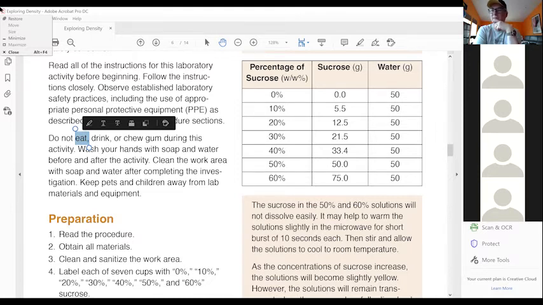So why do you think when we make our 10% solution, we have 5.5 grams of sucrose and 50 grams of water instead of 5 grams? Why don't we just have 5? Because isn't 10% of 50 5.5? Oh wait, no, it isn't. No, you're right. More precise.